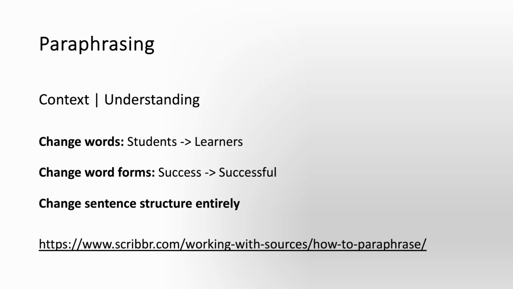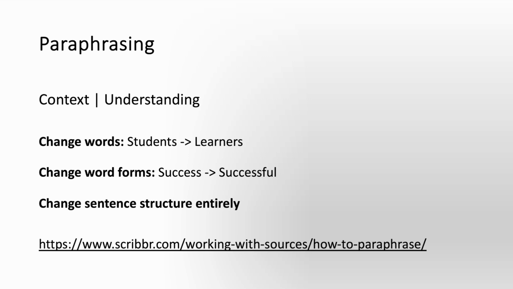You can change words. If you are presented with the word students, you might want to use the word learners. You might want to change word forms. If you have the word success, you might want to change it to successful. And from that, you'll start to see the sentence structure change around it. And that is where we get into the nitty-gritty of paraphrasing.